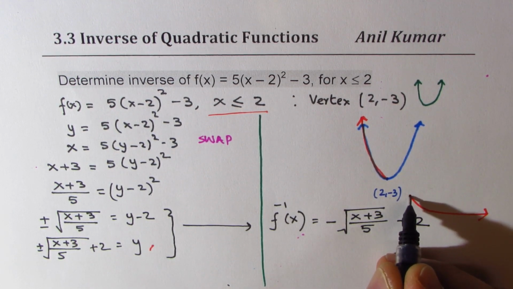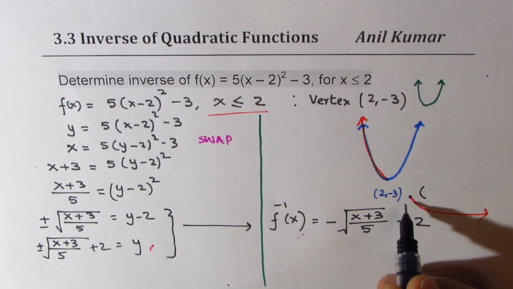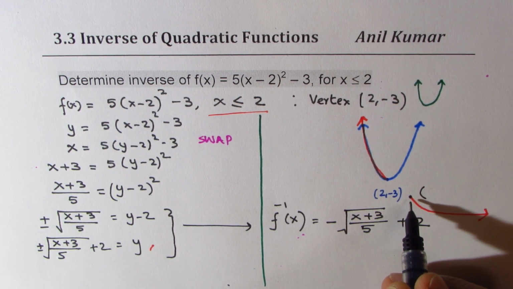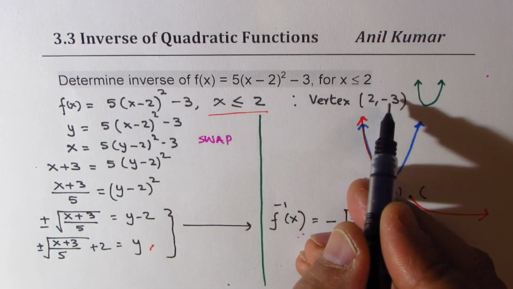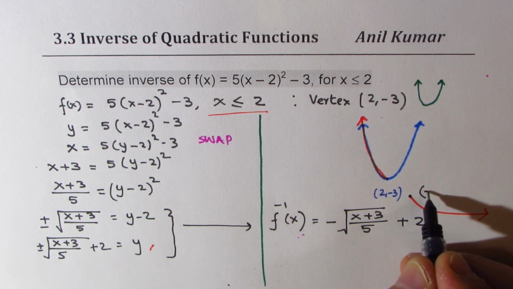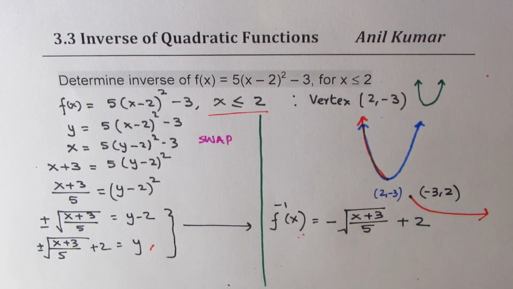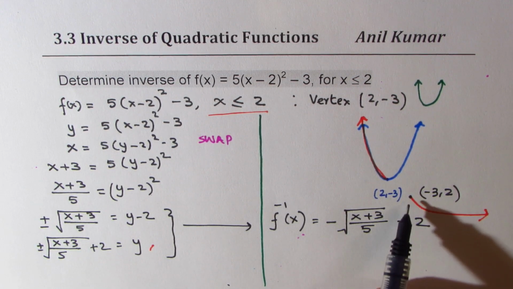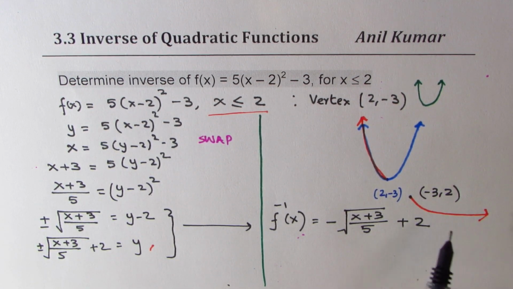So that portion which starts from the vertex, you have to swap these values, correct? Which is minus 3, 2. You get the idea, correct? So it makes sense.